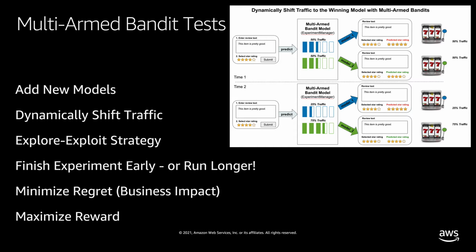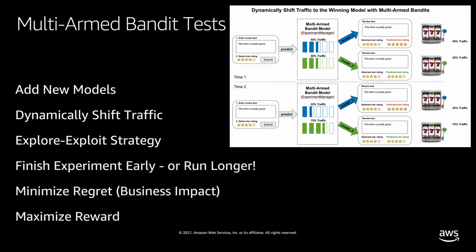And so what I've been describing is explore versus exploit. Model 2, for example, might be doing really well. We're going to exploit that better model for a small amount of time, but continue to explore Model 1. We can finish this experiment early if we want to.